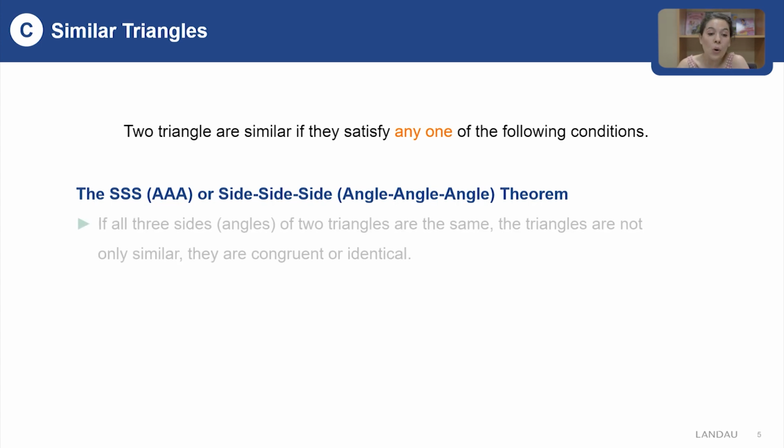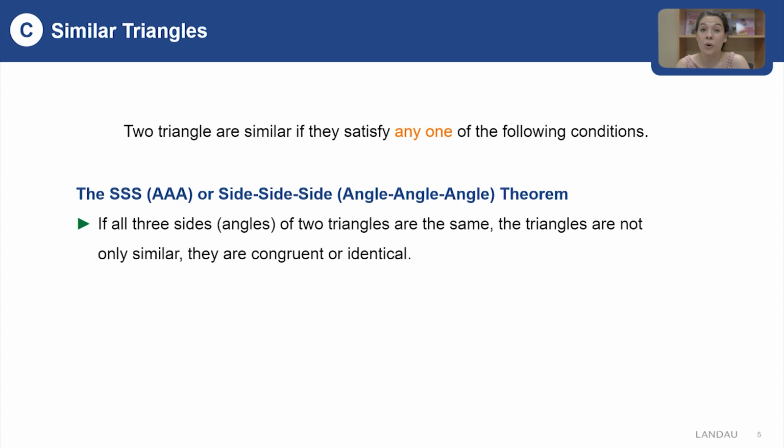It says if all three sides or all three angles of two triangles are the same, the triangles are not only similar, they are also congruent and identical.